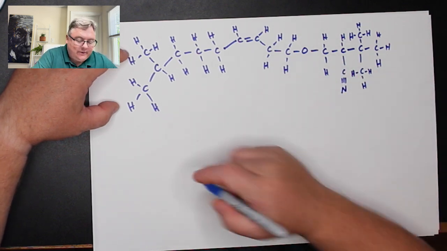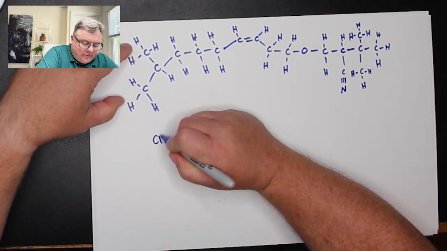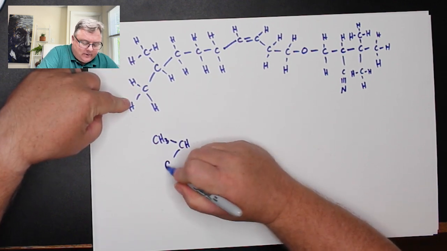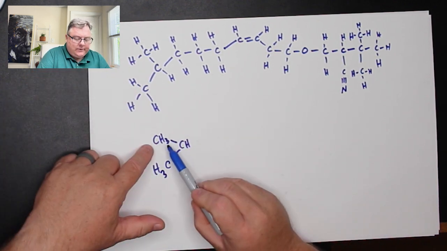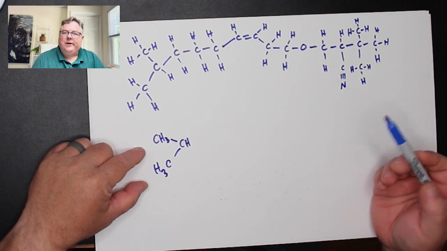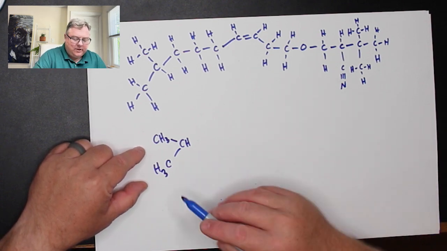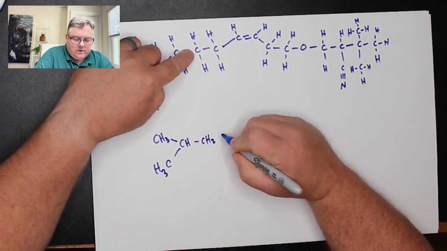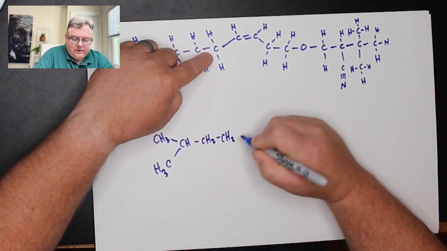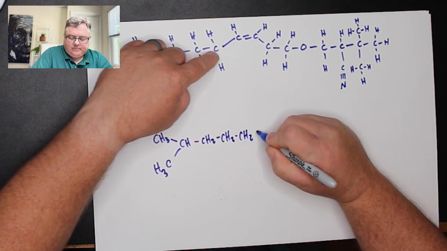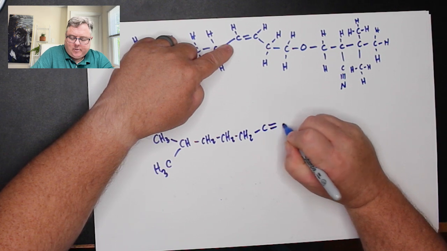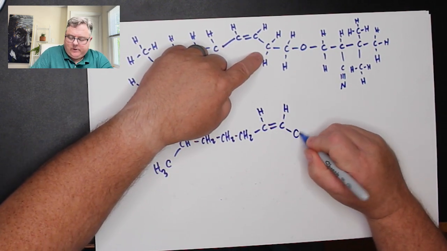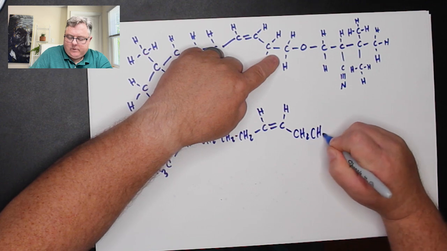There's several ways. Here we have a CH3 bonded to a CH, bonded to a CH3. Notice it doesn't matter which side of that carbon I draw those hydrogens on. The CH is bonded to a CH2, CH2, CH2, bonded to a carbon, double bonded carbon, CH2, CH2.